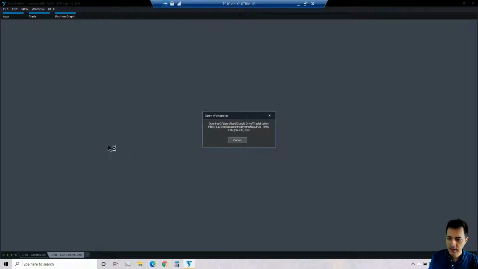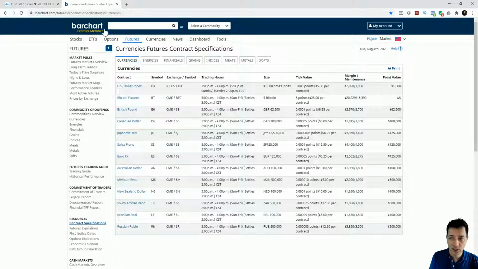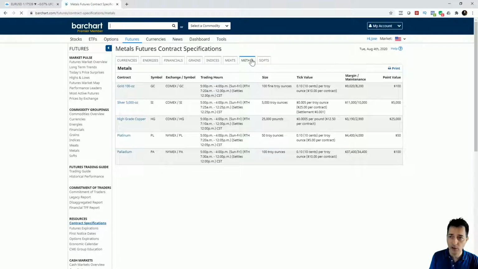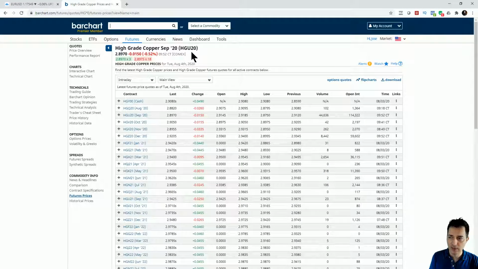HG is copper. Notice that this is not the most liquid futures market in the world at all. It's liquid enough to be traded, but it's not super liquid. And therefore, notice two things. Number one, I'm entering barchart.com, going into the metals section, so I can double check the right symbol to be using for copper. I make sure that I use the right symbol, because commodities change symbols very often, as you can see here.